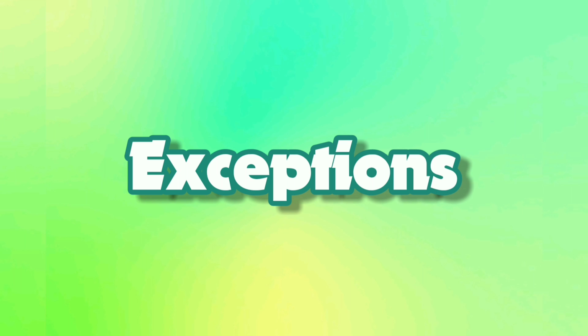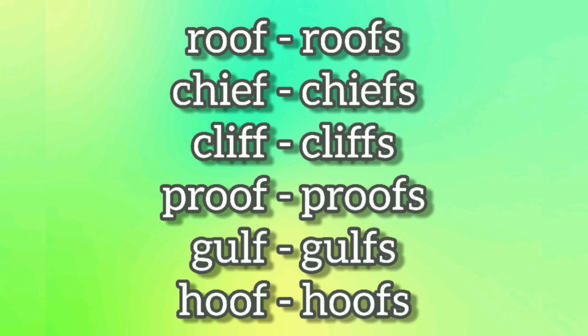Some nouns ending in F or FE can be changed into plural by adding S only. For example, roof, roofs, no VES. Chief, chiefs, cliff, cliffs, proof, proofs, gulf, gulfs, hoof, hoofs. You'll have to memorize the list from the book.